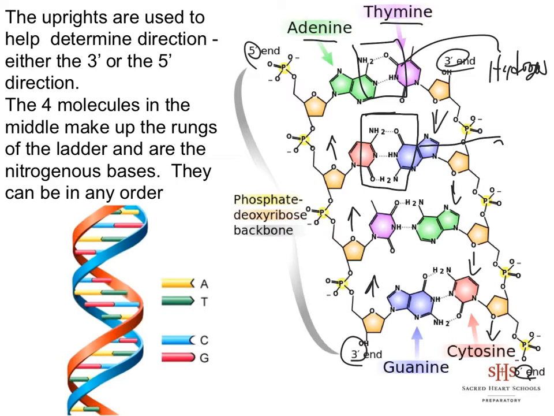So here's guanine, I'll put a G here, and cytosine, you have 3 bonds there. That ends up being important when we do transcription as well.